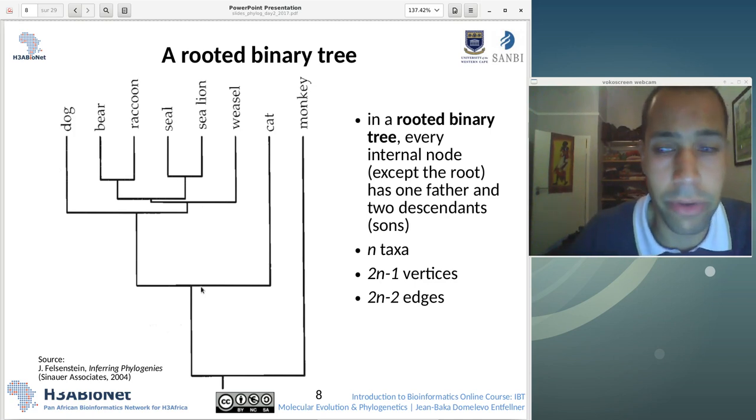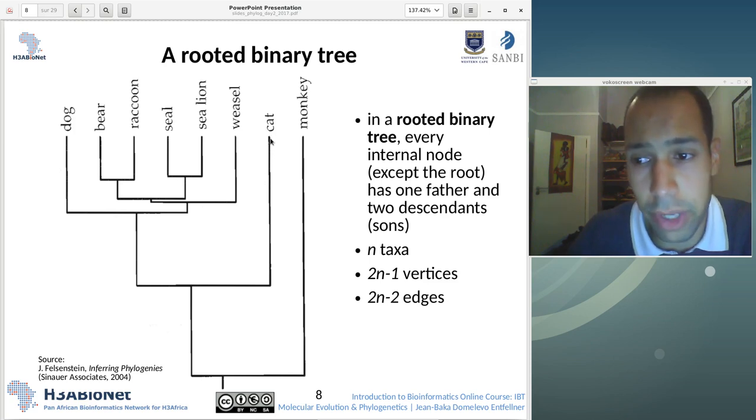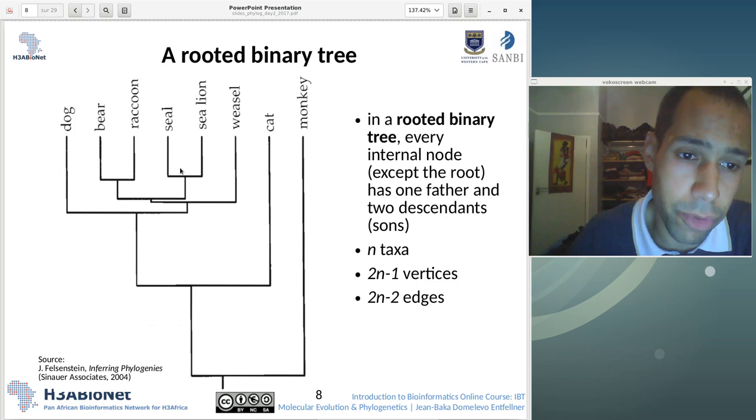So in terms of branch length, the branch length from the cat to its direct ancestor goes from this point to this one. From the common ancestor of seal and sea lion to the parent of this node, the branch length goes from this to this point.